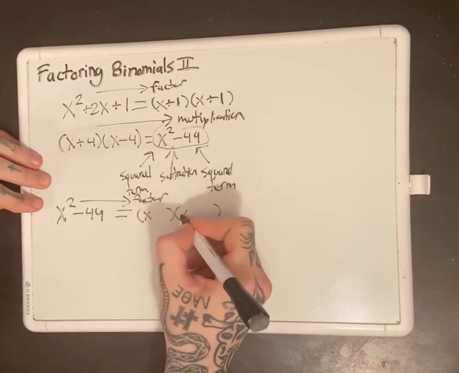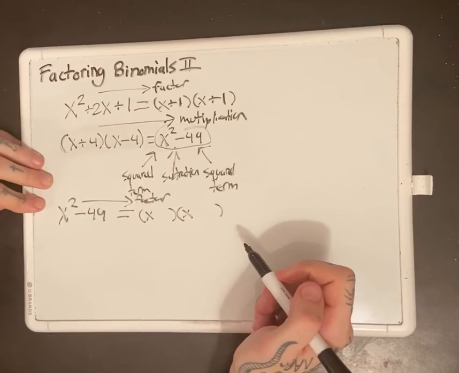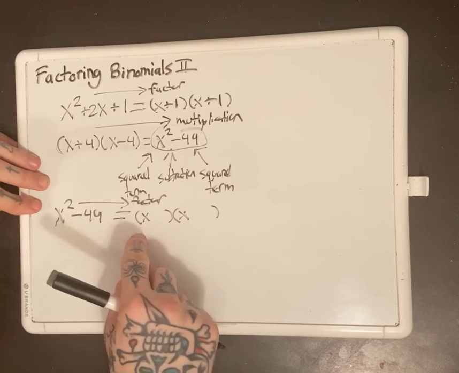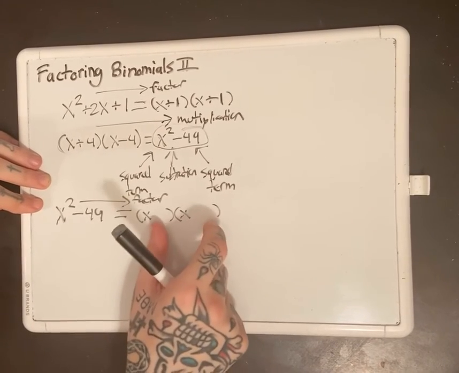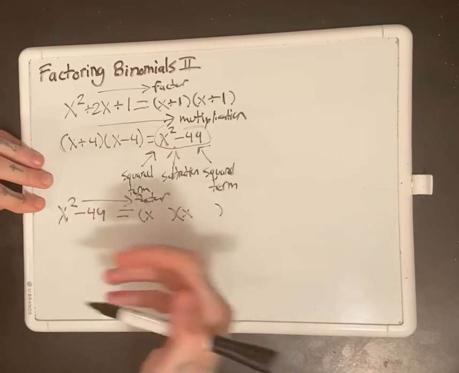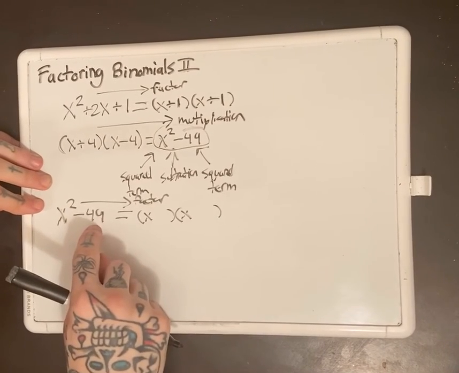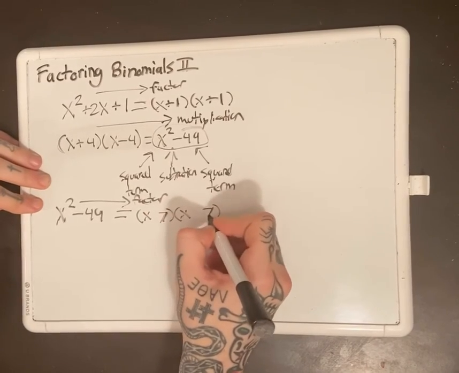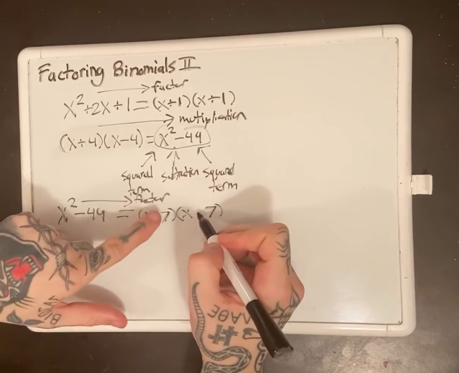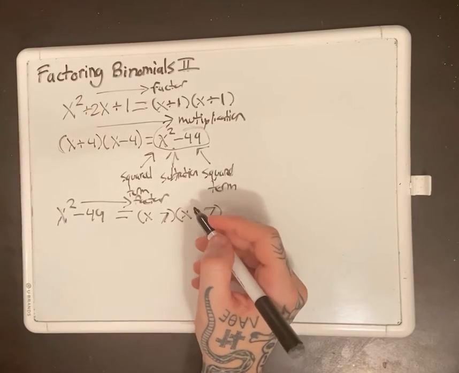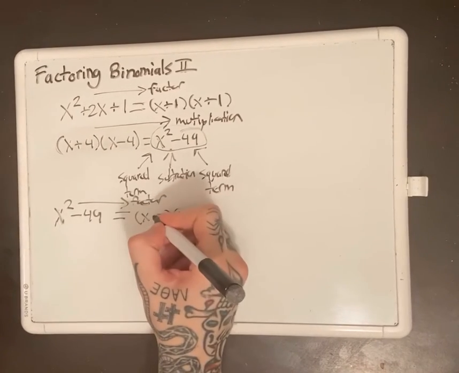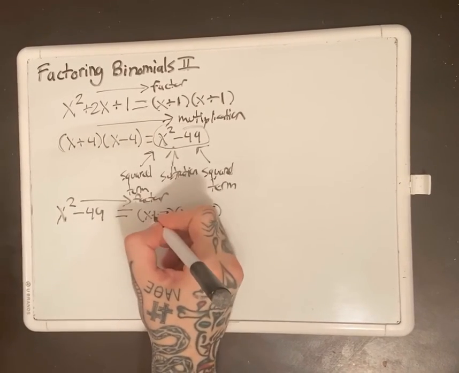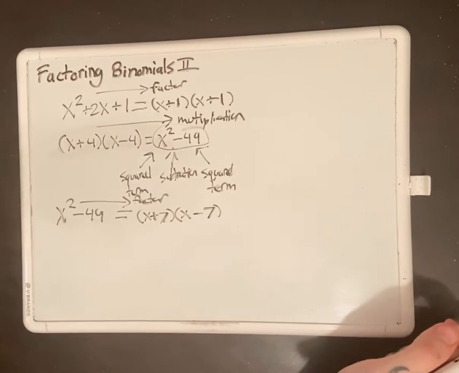I know it has to be these x's because of that x squared. And again, whether it's FOIL or FL, the last two terms, there's also the square of the last term. So this would have to be 7, and this would have to be 7. Now we know we can't have two addition signs here because that would give us this. But if we think back to the FL method, we know one has to be addition and one has to be subtraction here. Okay?